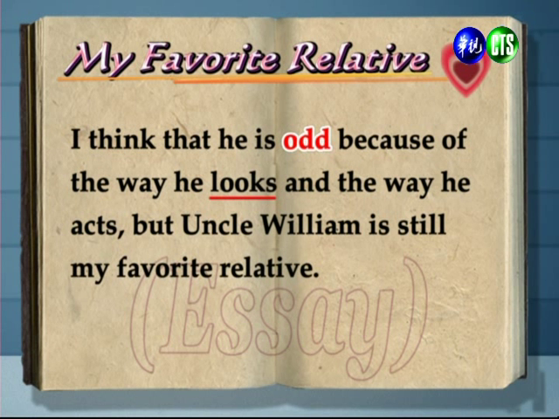Another is that he also acts odd. And the final point that the thesis statement is making is that Uncle William is still the writer's favorite relative.